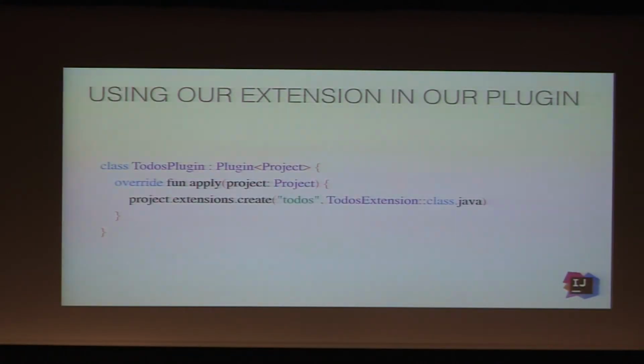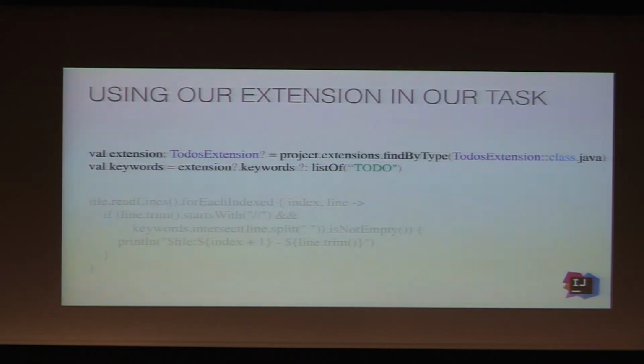We want to be able to use it, so in our plugin, in the apply function, we're going to use project.extensions.create todo, and then we give that class. When we do that, we can add the to-dos with the brackets in our Gradle file. In our task itself, we want to use those keywords now. First we find the extension itself with this API, findByType. We look for the keywords, which are just an attribute, but they can be null.